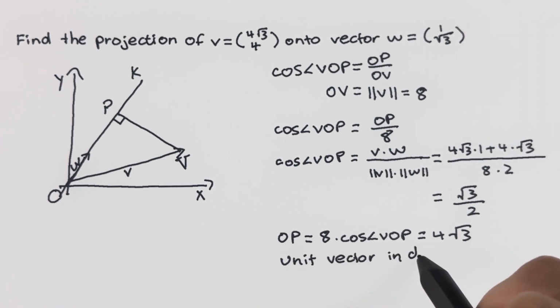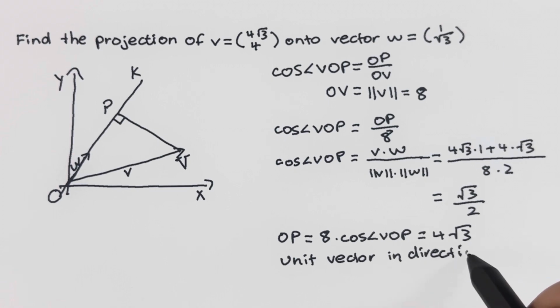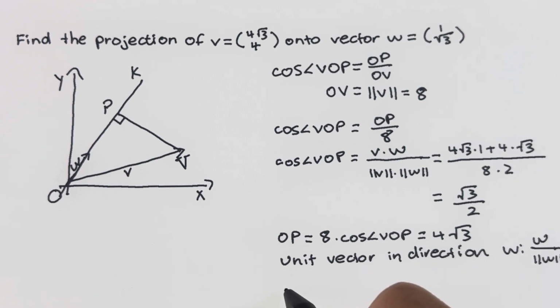So the unit vector in the direction of w is w divided by the norm of w. So we have the vector P will equal 4√3 times w divided by the norm of w.